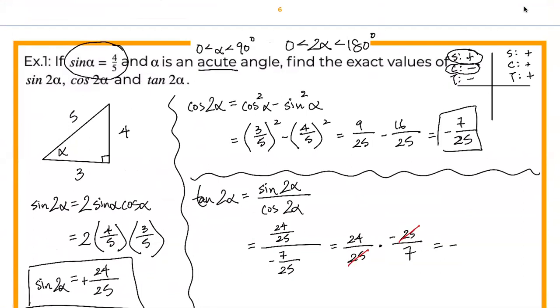And I end up with negative 24 over 7 as my tangent double angle.